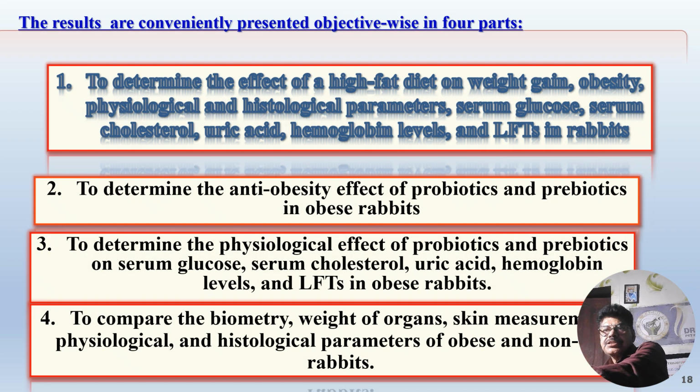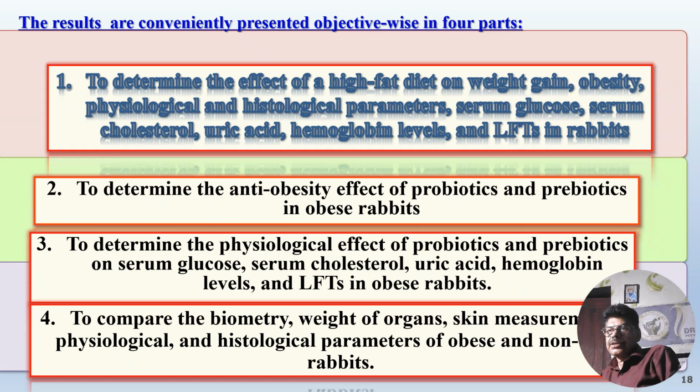The objectives of the study were to determine the effect of a high fat diet on weight gain and obesity, physiological and histological parameters, serum glucose, serum cholesterol, uric acid, hemoglobin levels, and LFT in rabbits; to determine the anti-obesity effect of probiotics and prebiotics in obese rabbits; and to determine the physiological effect of probiotics and prebiotics on serum glucose, serum cholesterol, uric acid, hemoglobin levels, and LFT in obese rabbits.